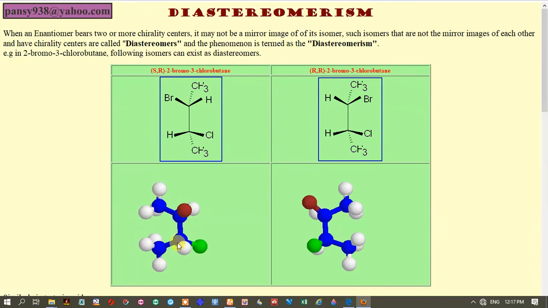You see that the green colored chlorine is at the opposite side to this one, so it inhibits its optical or mirror image creation.